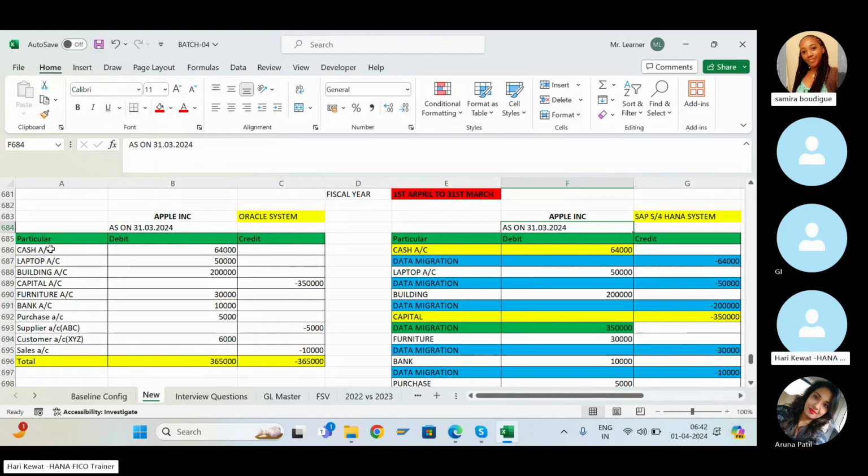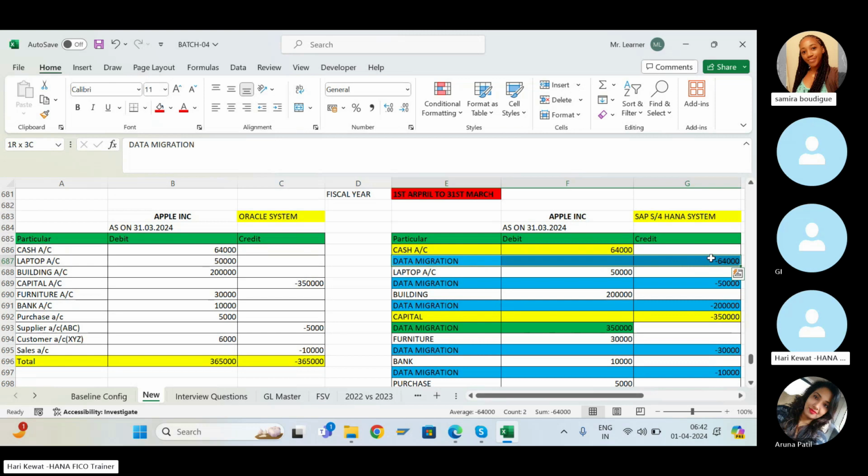So if I want to post this cash account in the SAP S4HANA system, I'll put cash account debit. But where is the credit? So I have to create one more GL account called data migration GL. So I'll put cash account debit 64,000 and data migration GL credit 64,000.